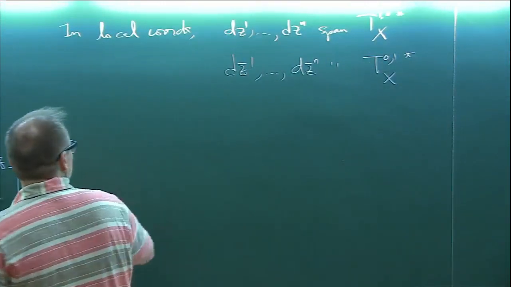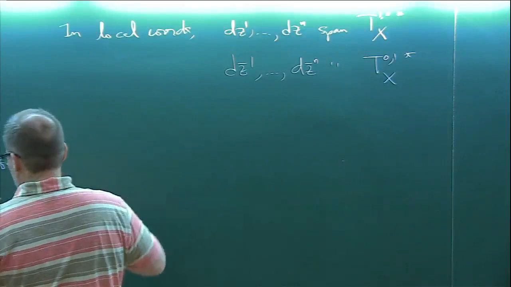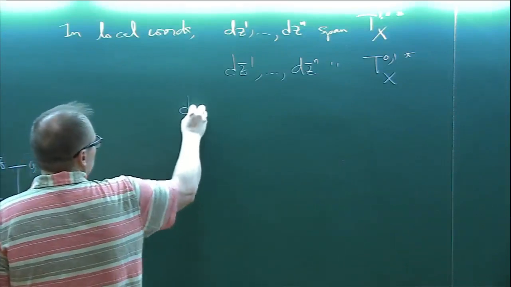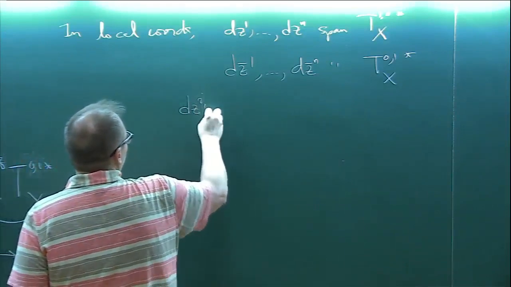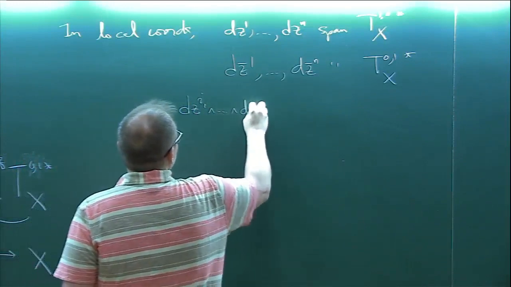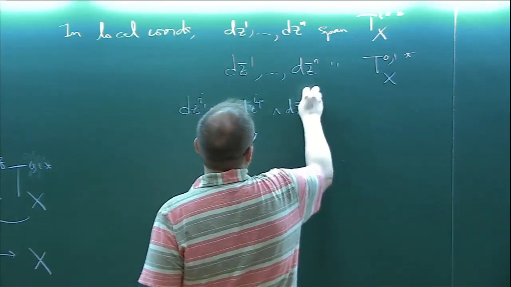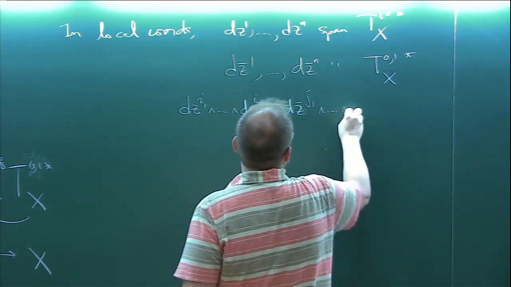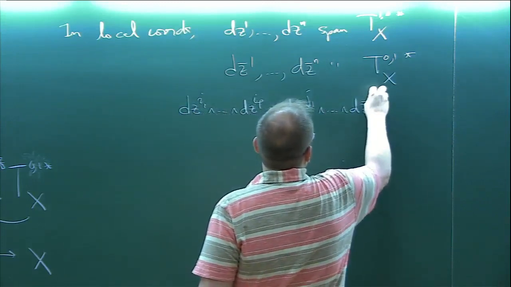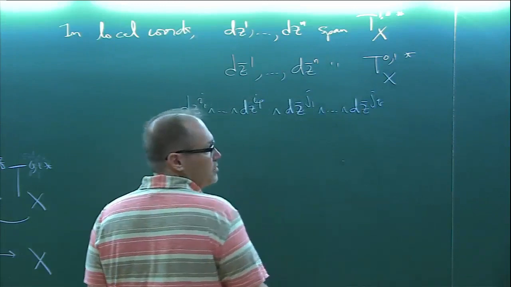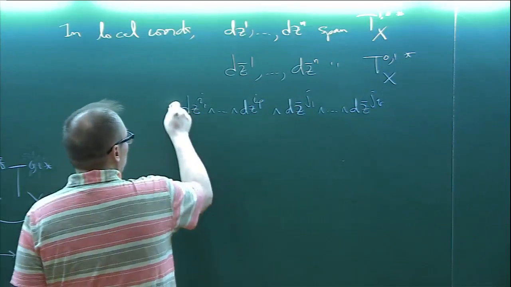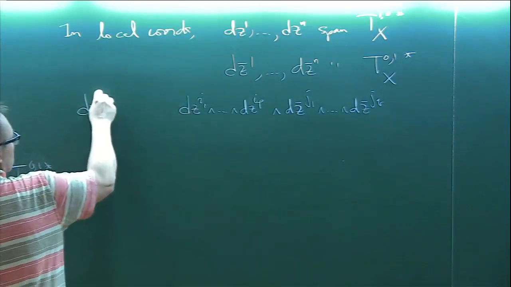And so a frame for this bundle would be dz^{i1} wedge ... dz^{ip} wedge dz bar^{j1} ... dz bar^{jq}, and we have a short form for this as well. So this will be dz^I.